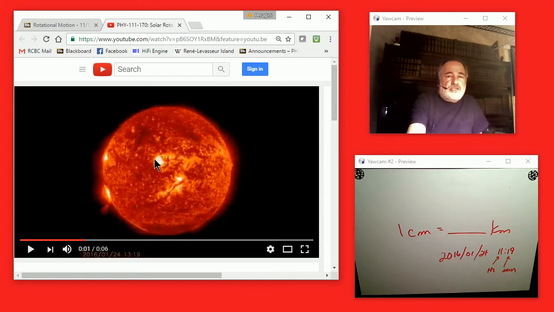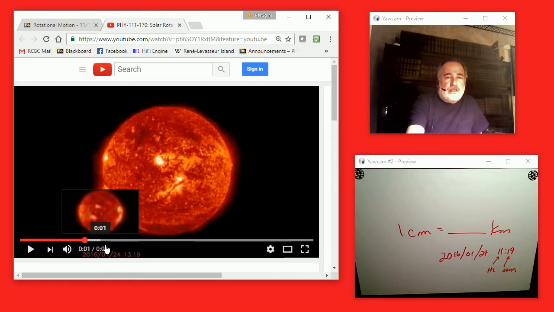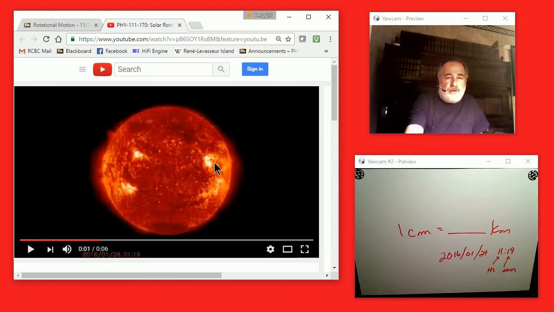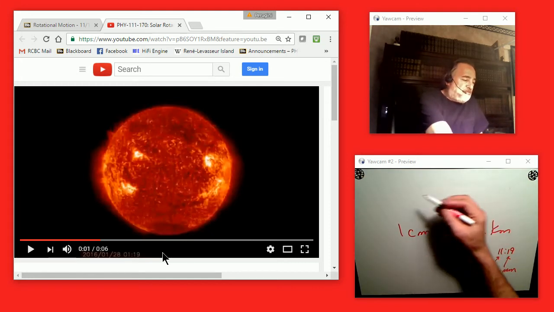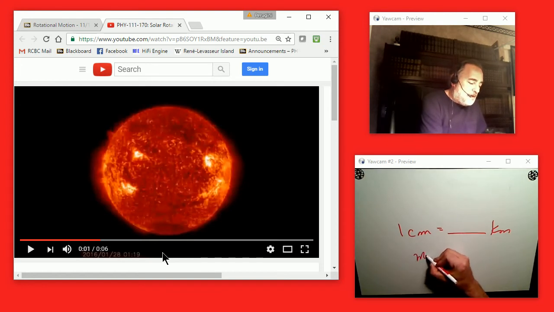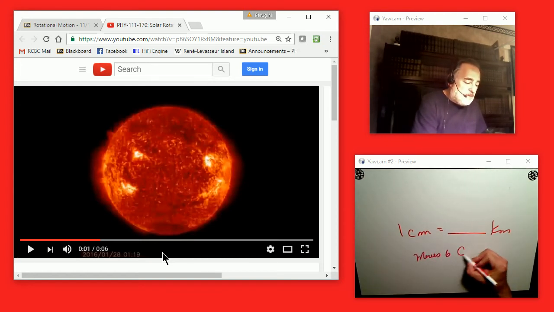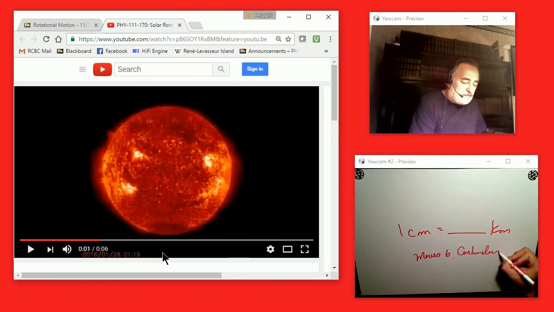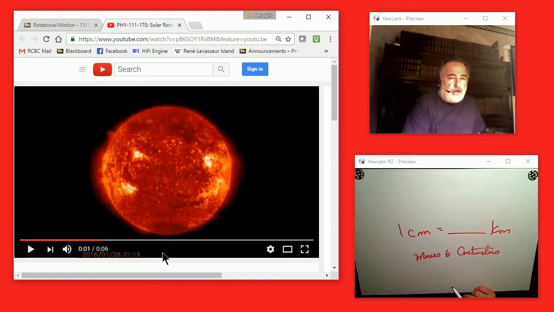So you want to measure how far it goes. This particular spot moved the distance, and with this timestamp, how long it took to move that. So say it moved 6 centimeters. So if it moves 6 centimeters, then you know the distance roughly in kilometers, because you know 1 centimeter equals a certain amount of kilometers based on your scale.